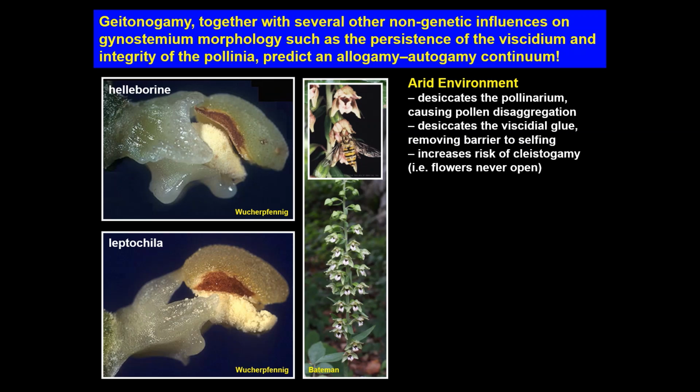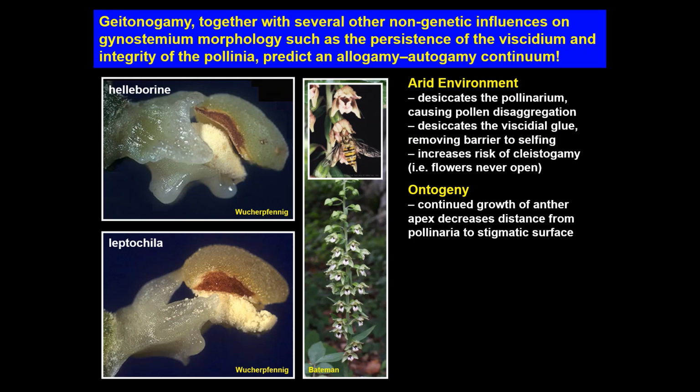That little glob of glue dries up more quickly in an arid environment. And once that glue has set, it's much easier for pollen to pass from the pollinium to the stigma of the same flower. It also increases the risk of the flower not opening properly, at which point its only option is to self-pollinate.